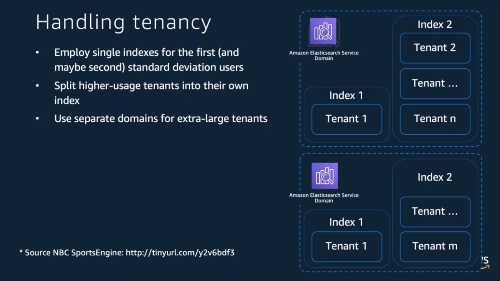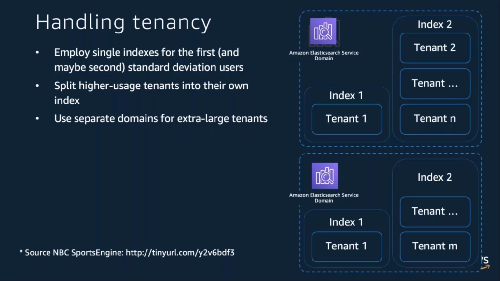You can choose to co-locate multiple data streams into a single index and have a multi-tenant index. You can choose to take multiple data streams and deploy each of them to an index. And then finally, if you have enough data and enough usage that you're driving, you can actually deploy multiple data streams across multiple Amazon ES domains.